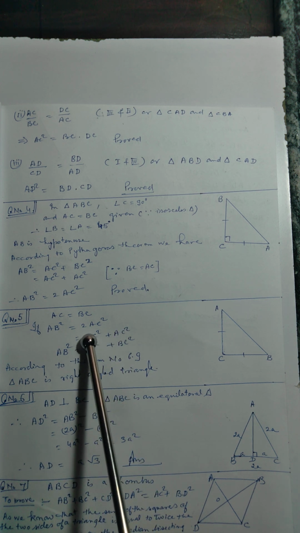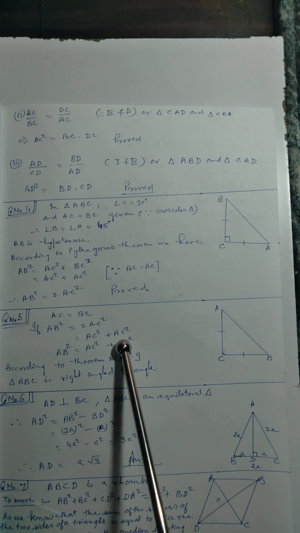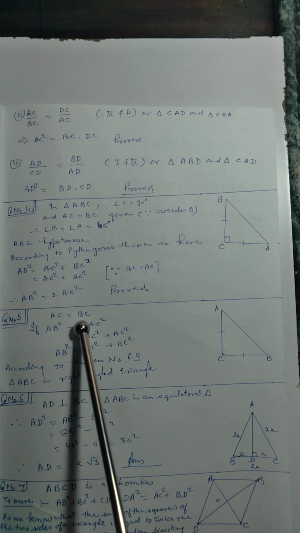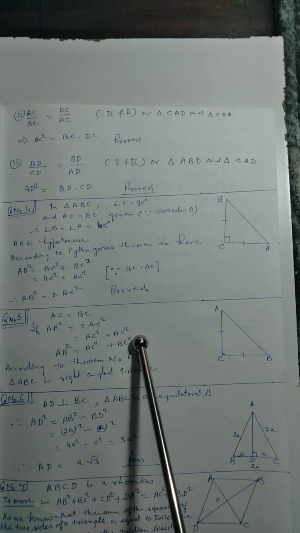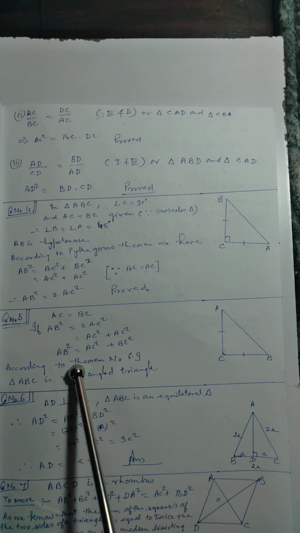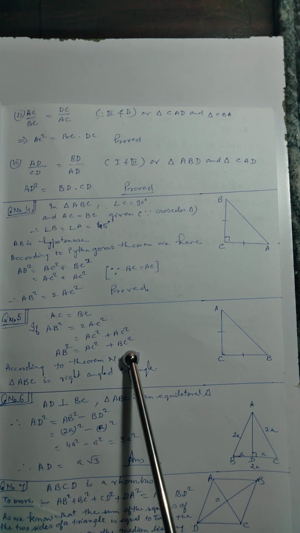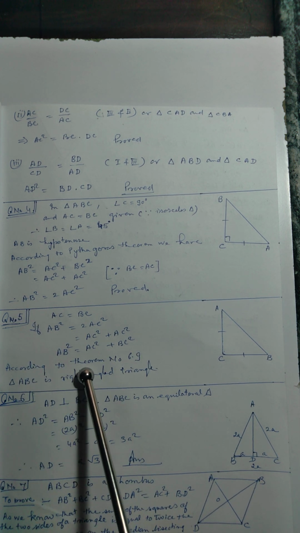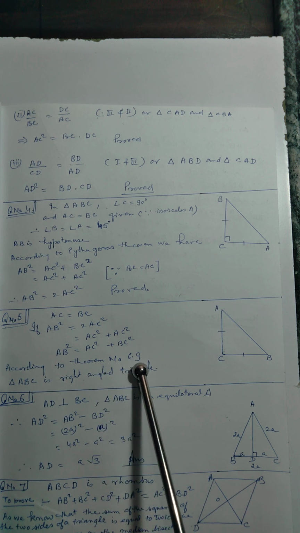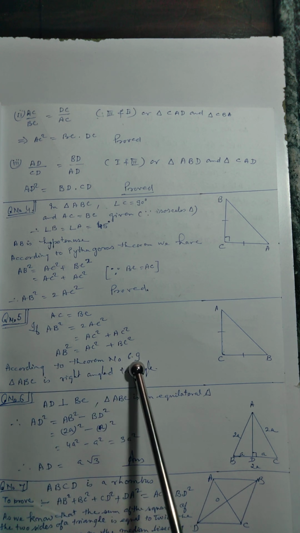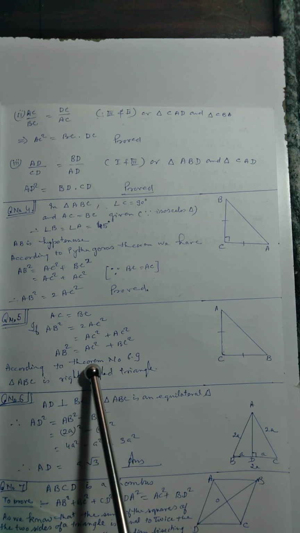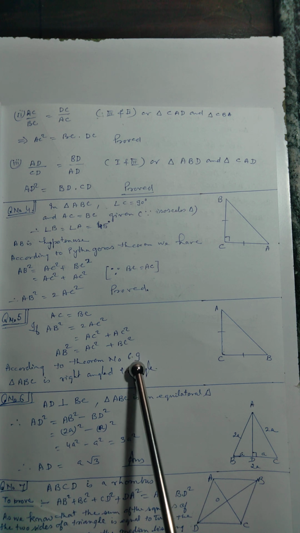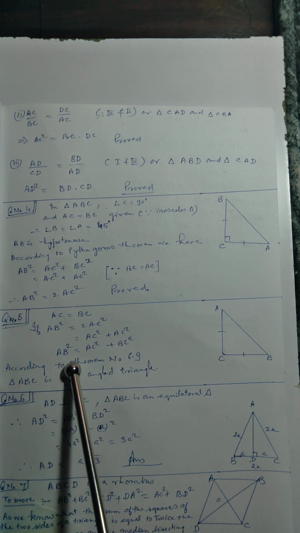So twice AC square, I have written AC square plus AC square. And since AC is equal to BC, I have replaced AC by BC. So AB square is equal to AC square plus BC square. Now according to theorem 6.9, that is the converse of Pythagoras theorem, means the sum of the squares of two sides is equal to the square of the third side.